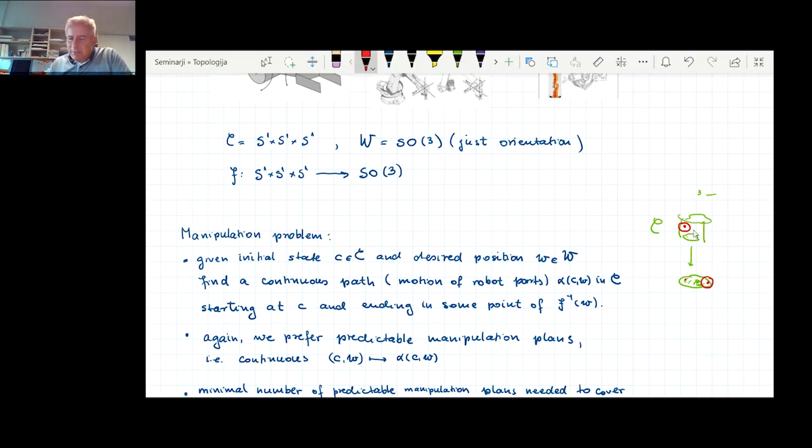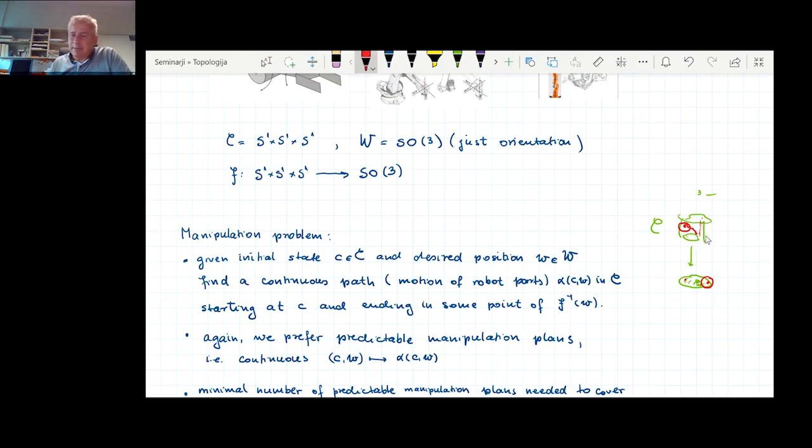So essentially, you need to find a position in the configuration space which corresponds to this point, and then a path to any point in this fiber.